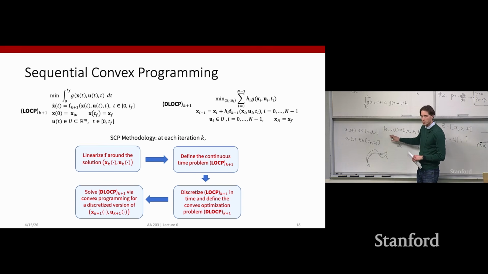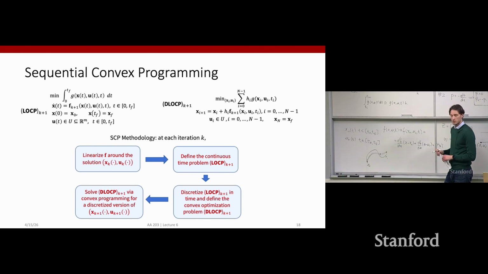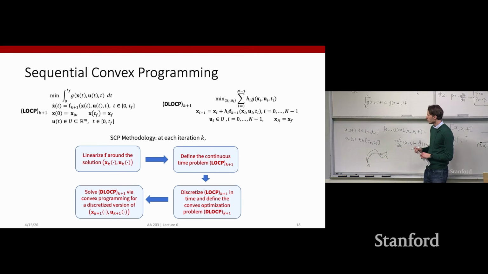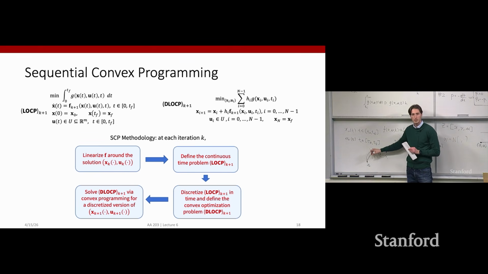These are our dynamics, yes. That's a function describing all of your dynamics. Not really, among iterations, these are just the dynamics of our system. What we do is we linearize these dynamics in order to get a linear formulation. We solve this linear formulation to get an updated trajectory.